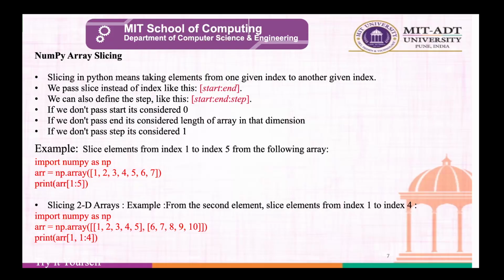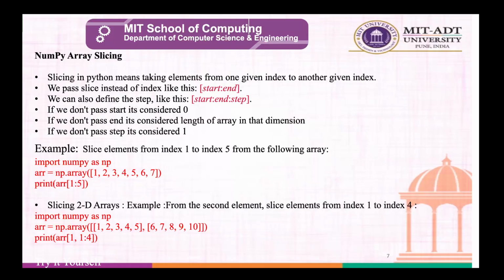The second row is the one represented. In that second row, we want the values from index 1 to index 4. So the program will be: arr is equal to np.array of the two-dimensional array, with the 0th row and first row. At the time of printing, the first argument is 1, which represents the row number. The first row number means our second row.